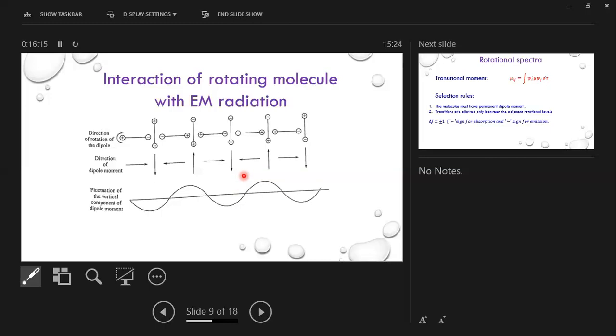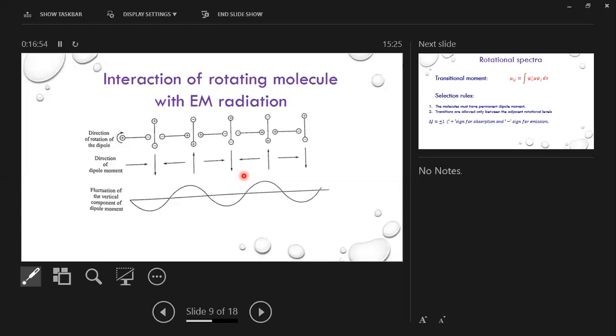As a tagline, all molecules which do not have any permanent dipole moment will not interact with external electromagnetic radiation and do not exhibit any rotational spectrum. Consider homonuclear molecules like hydrogen H2, nitrogen, oxygen, etc. These are usually spherical molecules without a permanent dipole moment, and they will not show any rotational spectrum.